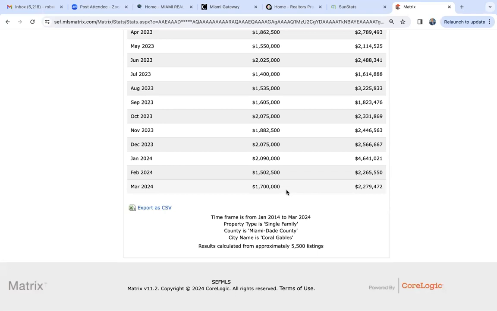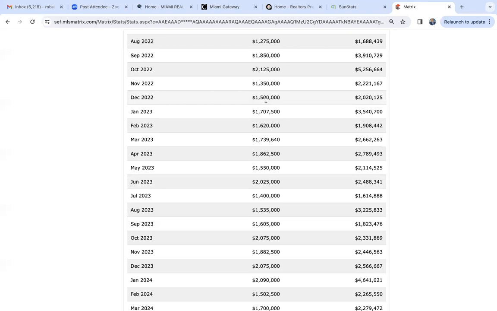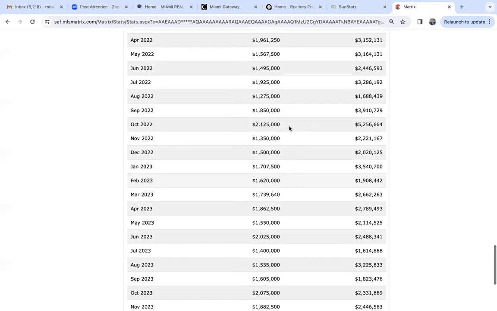Now, can you tell me if the median price in Coral Gables has gone down? Right? From December to January, it has. It went down to 1.5, then 1.7. But we've had a few spikes in the median sales price.